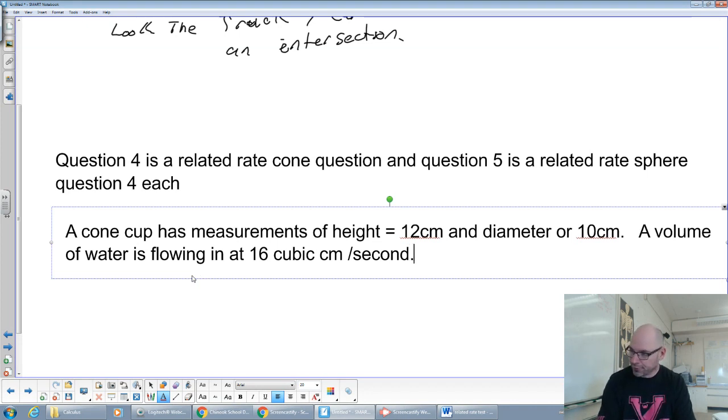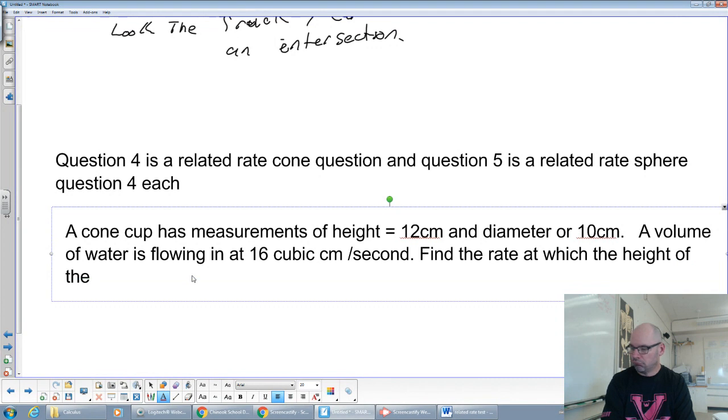Find the rate at which the height of the liquid is rising in water when it is half full, so 6 centimeters from the base.